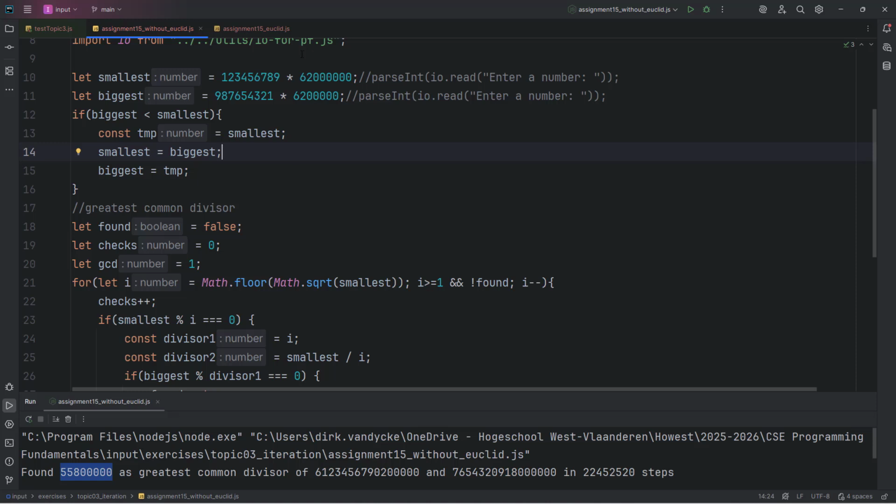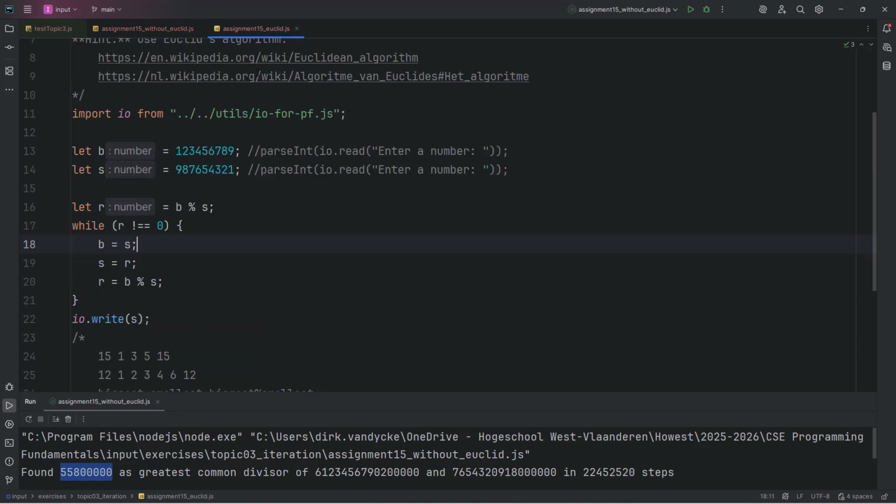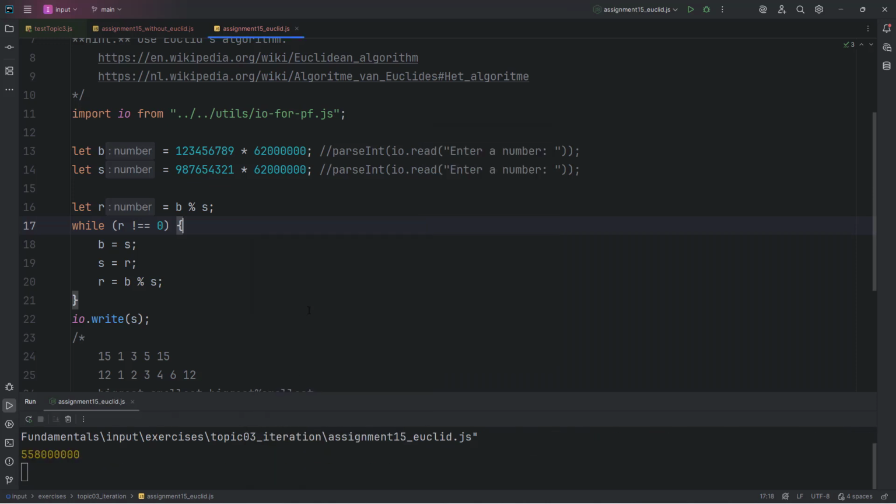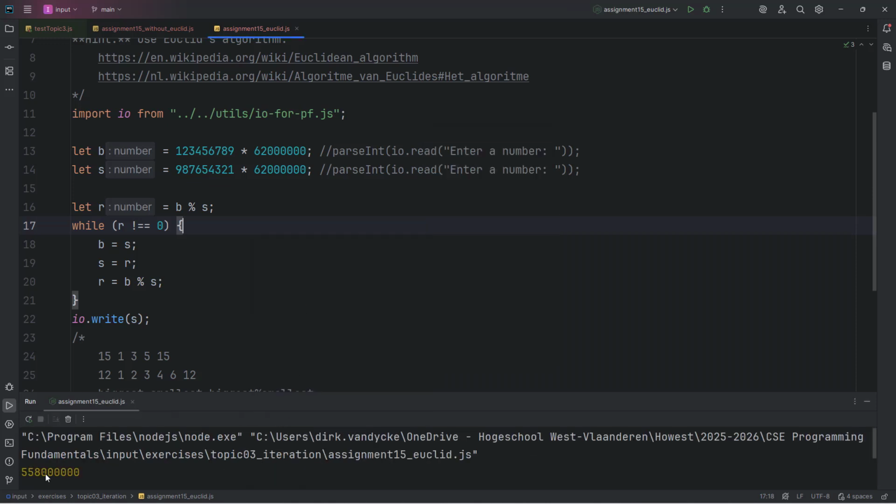Let's see if this is correct with my Euclid algorithm. So times 62 million, right? There we go. Yes, seems to be okay.